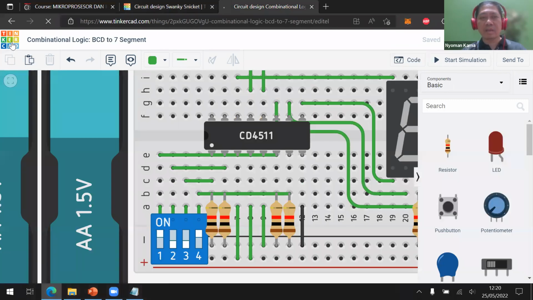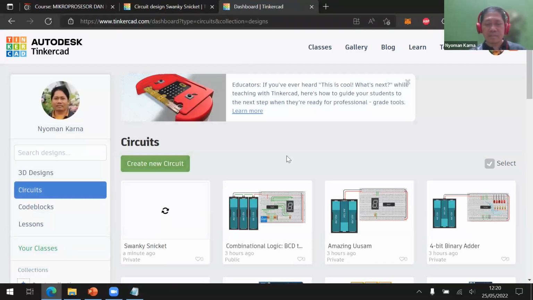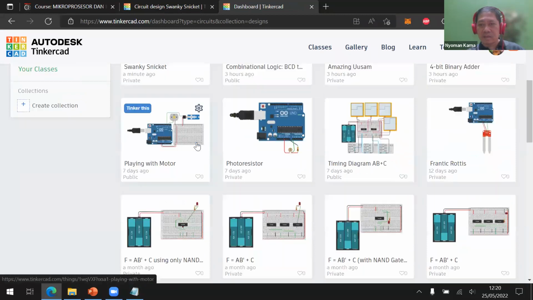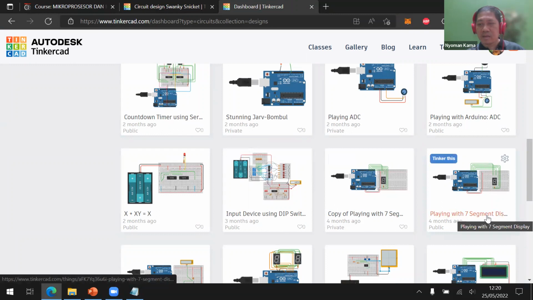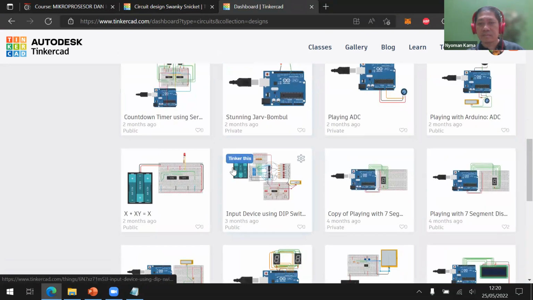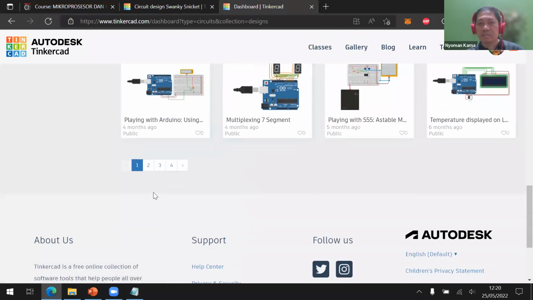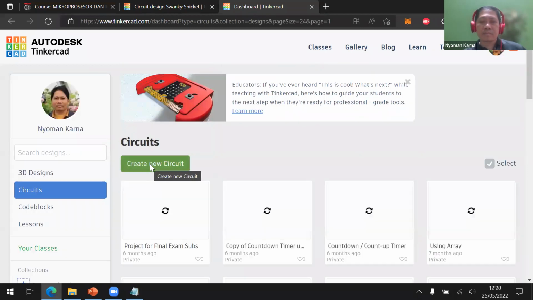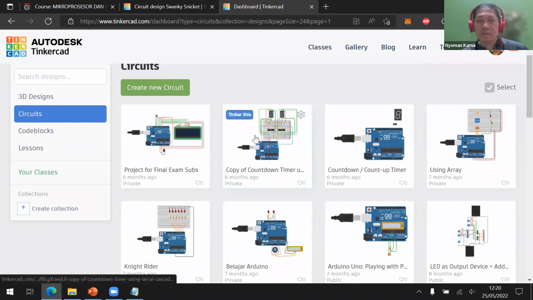Okay, I believe I already created such a code, such a function. It's a counter. Not this one. This one.